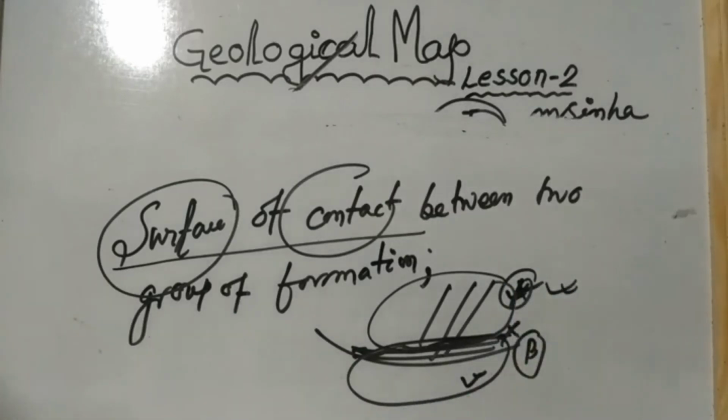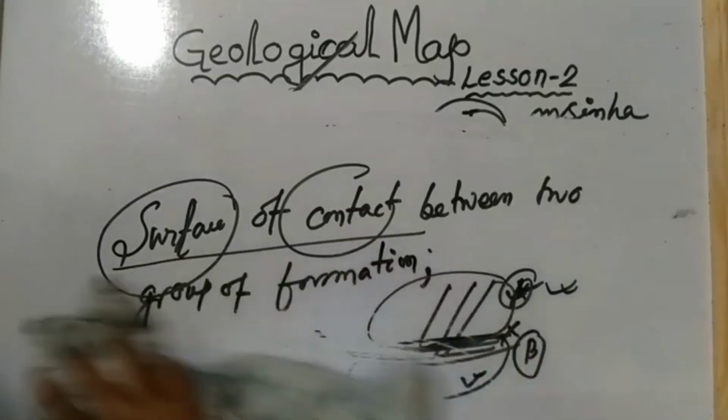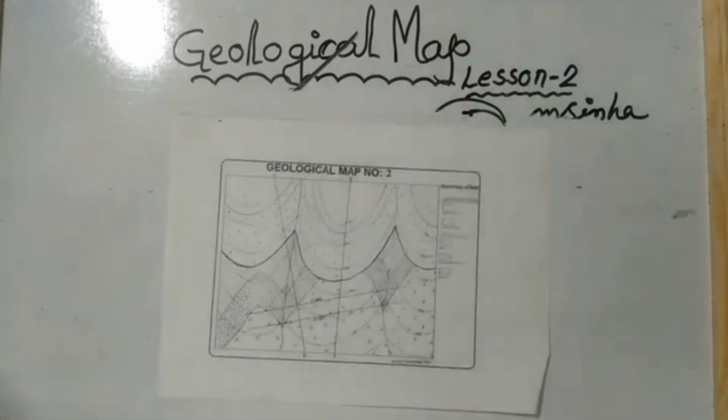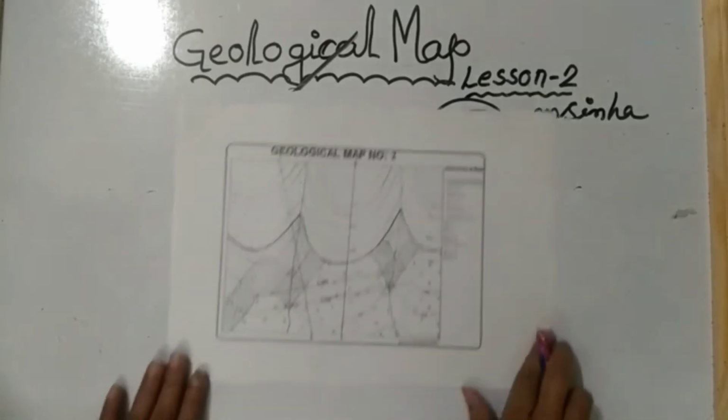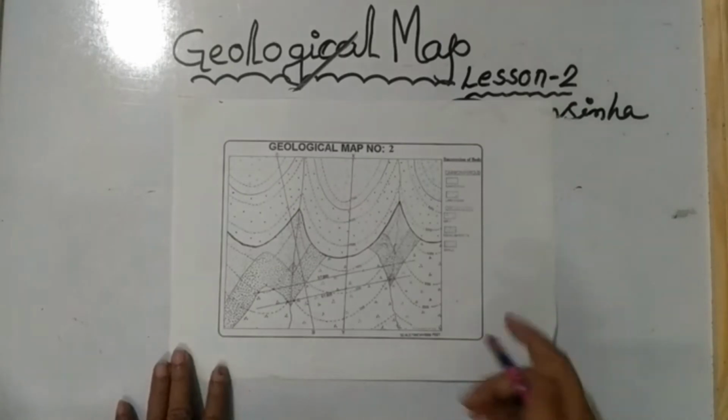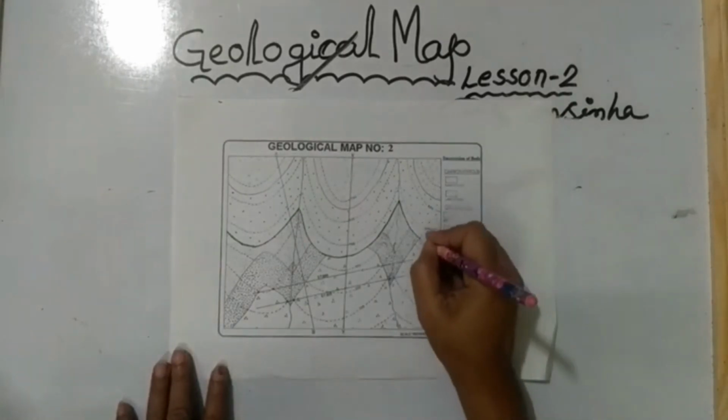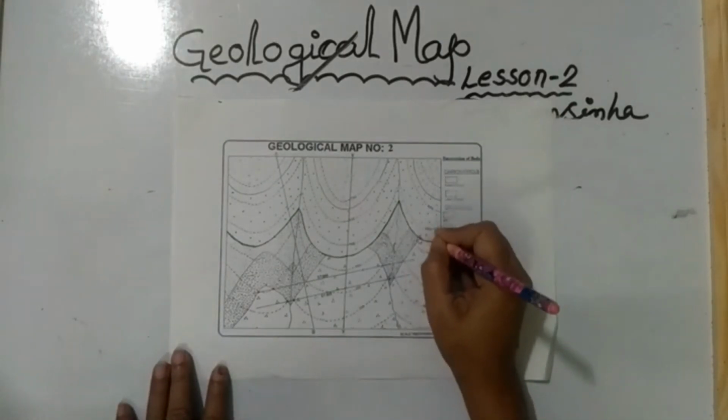Okay, how will we identify the line of unconformity? Suppose this is a geological map. Okay, and you have to go through the geological map, and suppose this is the triple point. Suppose this one and this one.